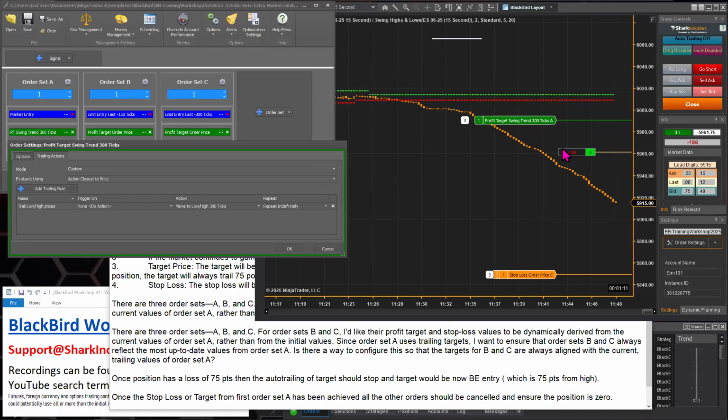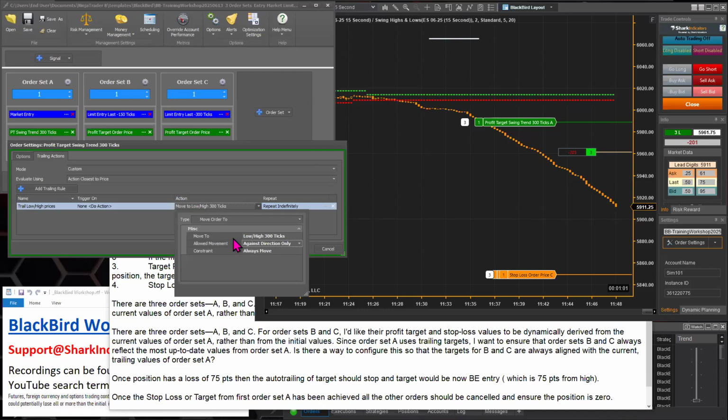Oh, and there we go. Sorry. So we just had our entry for order set C just filled, and all the profit targets are synced up. These profit targets are guaranteed to be synced up because all of our trailing rolls are exactly the same, and the trailing rolls are just using bar prices, so obviously bar prices are the same for every profit target.